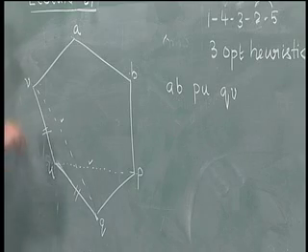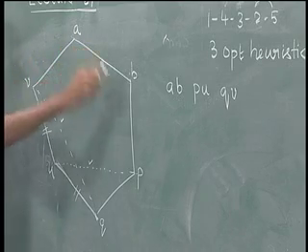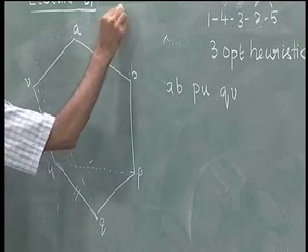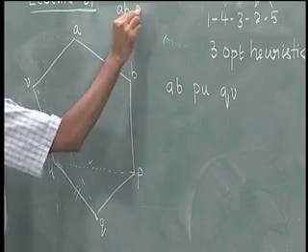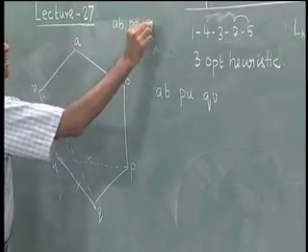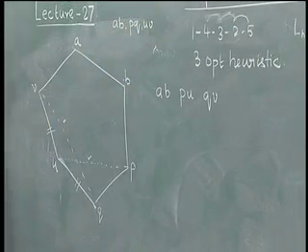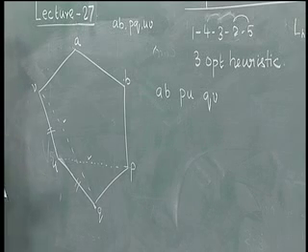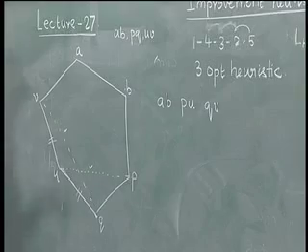Now, if we take three edges A, B, P, Q and U, V, then we can show that 7 new solutions can be obtained, including the given one.